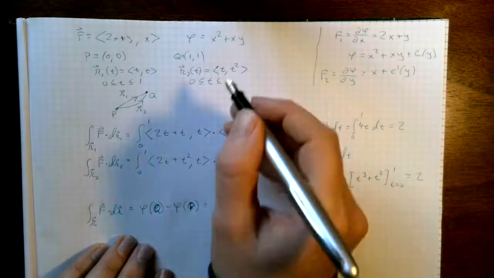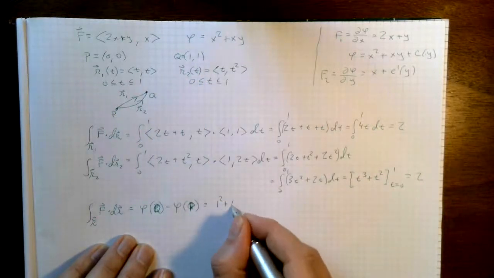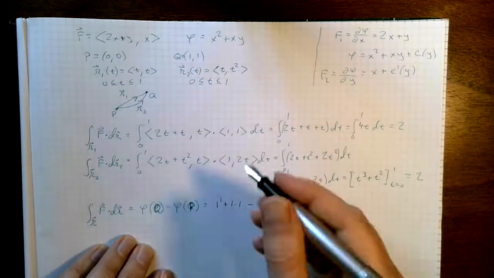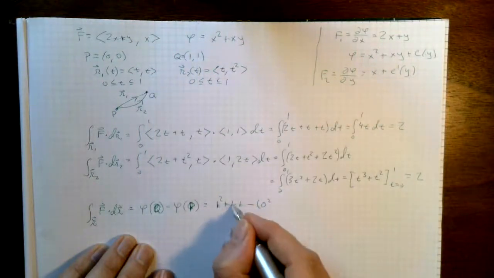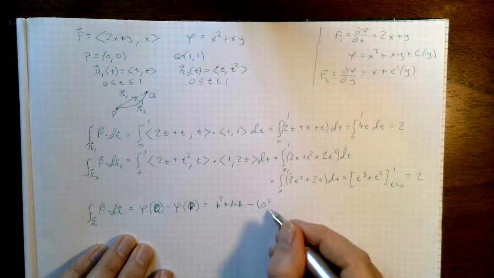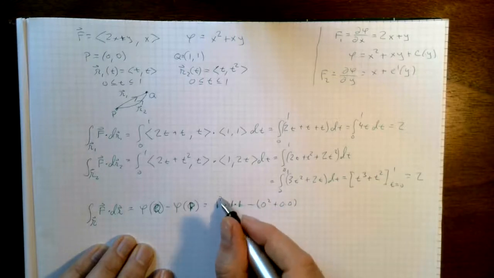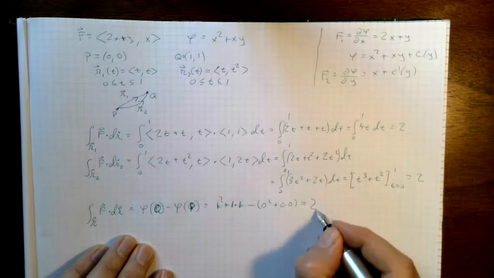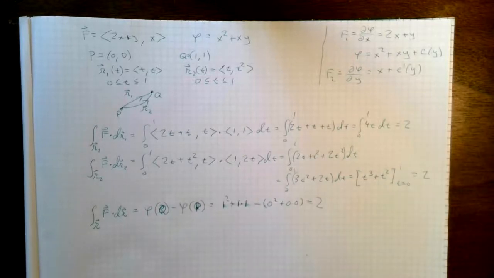So it's phi at the endpoint, 1 squared plus 1 times 1, minus phi at the origin, where I plug in 0, so 0 squared plus 0 times 0, which is 0. So it's 1 squared plus 1 times 1, which is 2. We got the same answer in three different ways, and that's basically what path independence means.